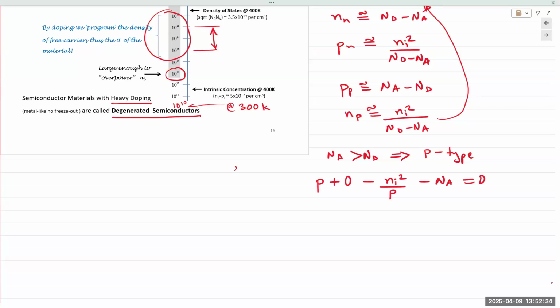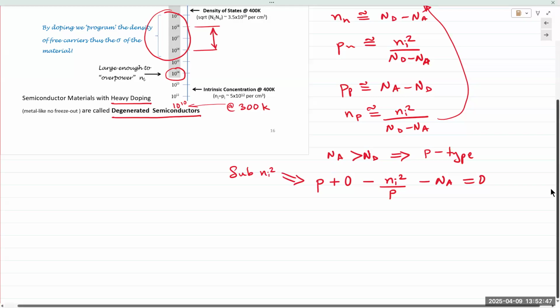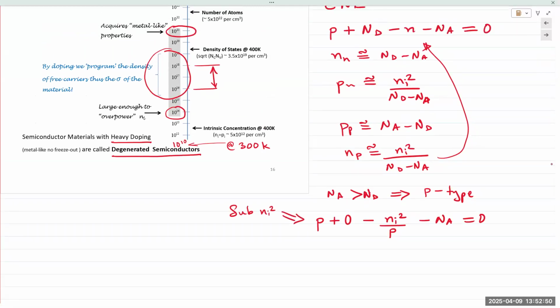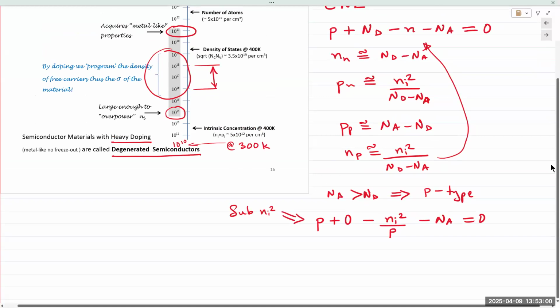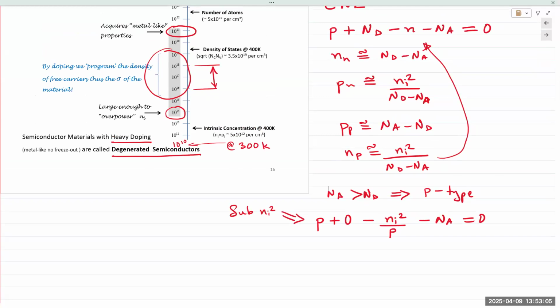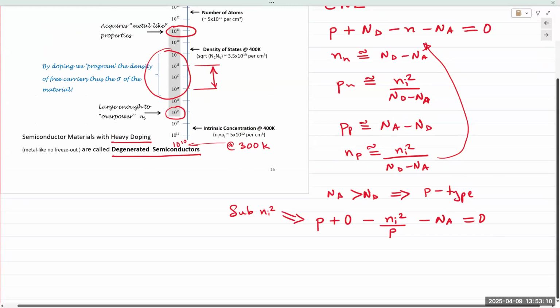We substitute the Ni square equation, using the number of electrons as Ni square over the number of holes. So Ni square over P minus Na.